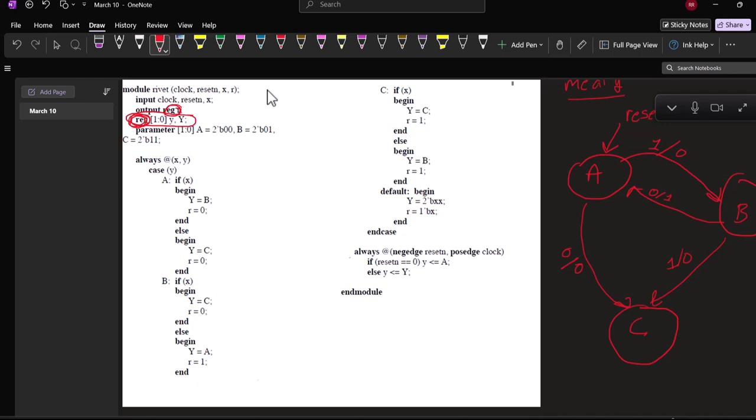And if I'm in state C and x is 1, my next state is C, and my output is 1. And if I'm in state C and x is 0, my next state is B, and my output is 1. And I have a default, which I don't need to draw on my state diagram because I'm not using it. It's my don't cares. And that's my state diagram.